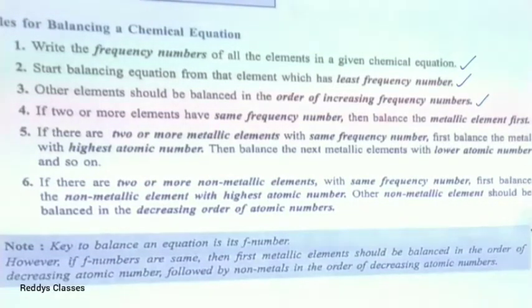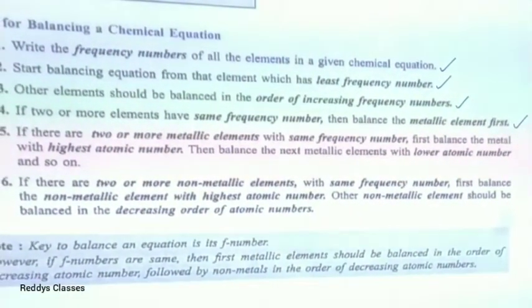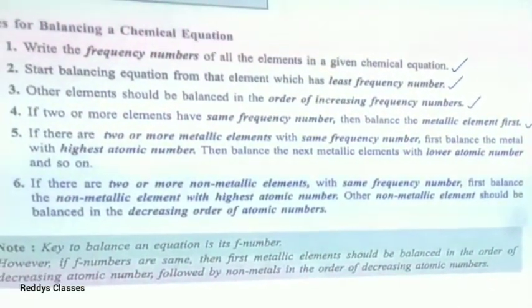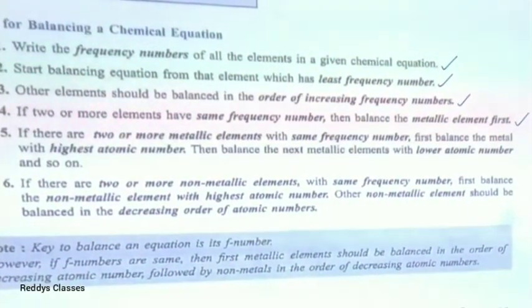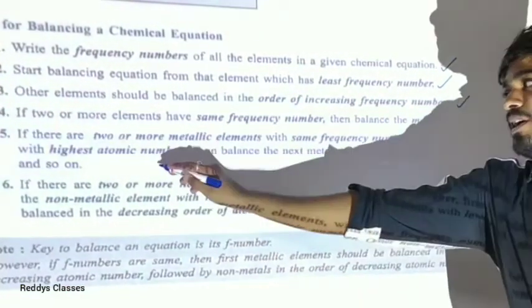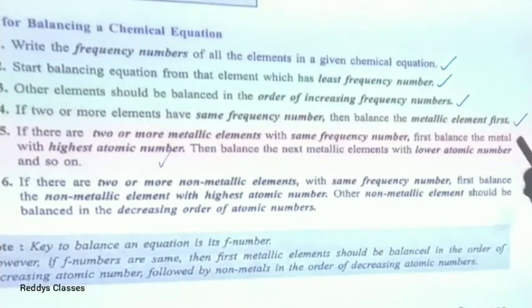If two or more elements have the same frequency number, then balance the metallic element first. If there are two or more metallic elements with the same frequency number, first balance the metal with the highest atomic number, then balance the next element with lower atomic number and so on.